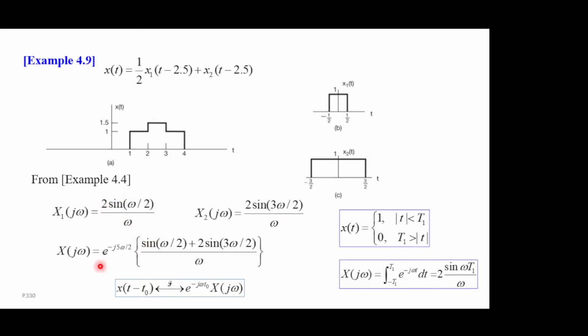Then, as we said, we shift, so both of them shift by 2.5, so that's easy. They all have this factor e to the minus j omega t0 here, and t0 is 2.5, that's 5/2. So this is the Fourier transform of everything.